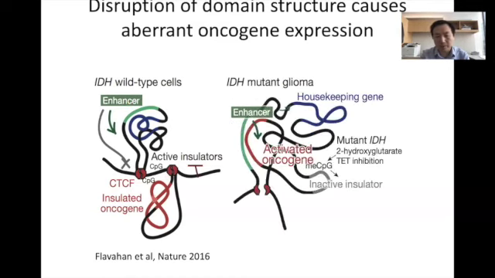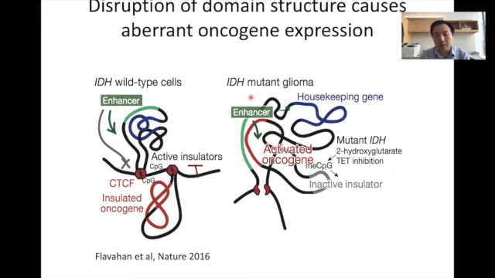But when the patient has the IDH mutation, in this case, it will lead to aberrant demethylation patterns. As we will cover later in this lecture, to maintain such chromatin structure, there's a protein called CTCF that needs to bind to the DNA and sort of seal the chromatin domain.